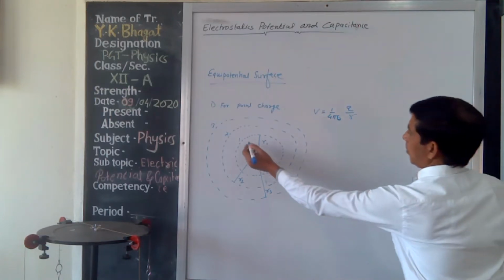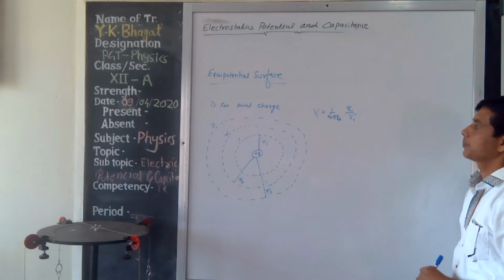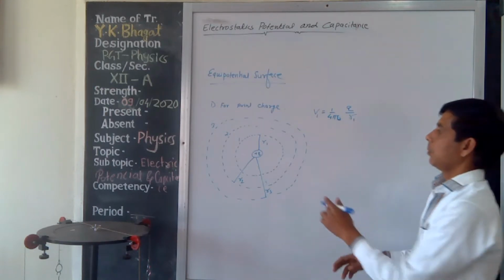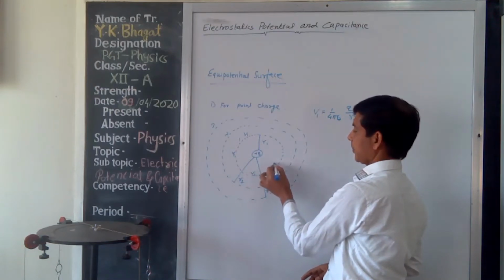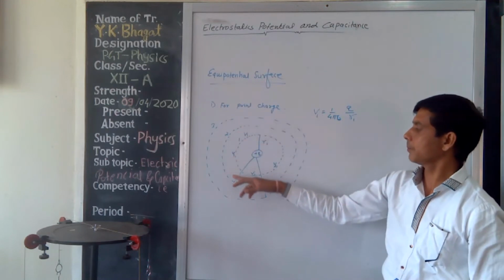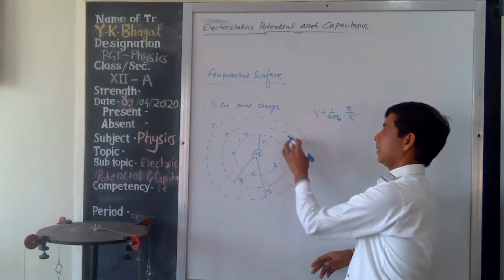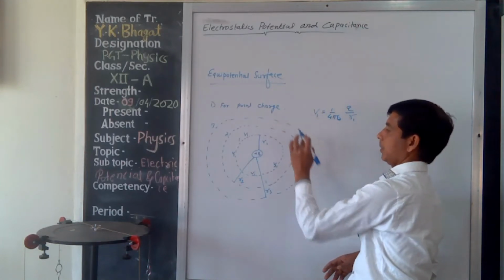Therefore, suppose V1 is the potential for the first surface, then potential V1 is the same at each and every point of the surface. Similarly for R2, potential is the same, so it will be an equipotential surface.